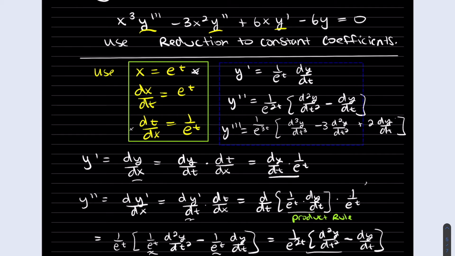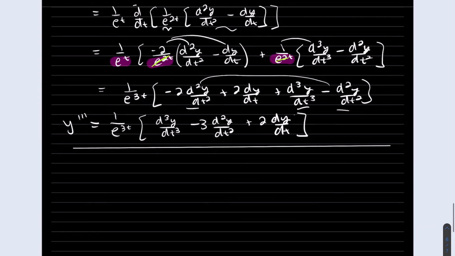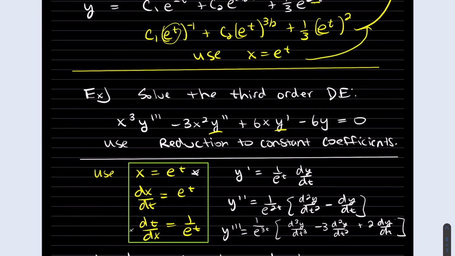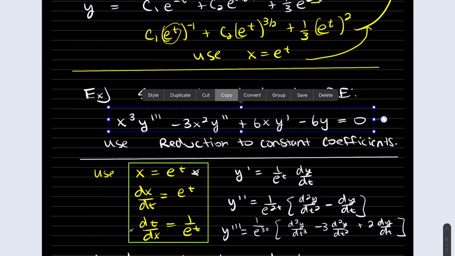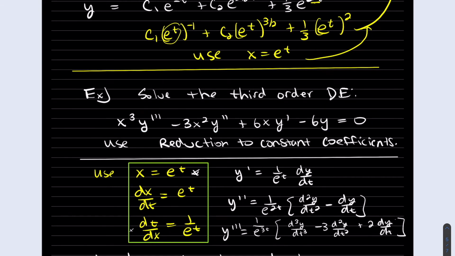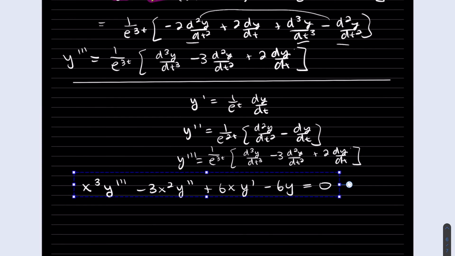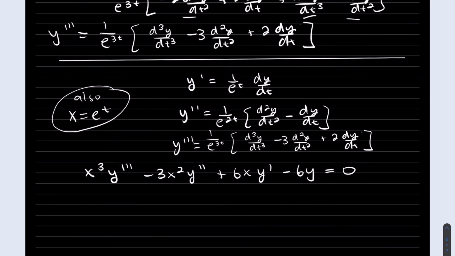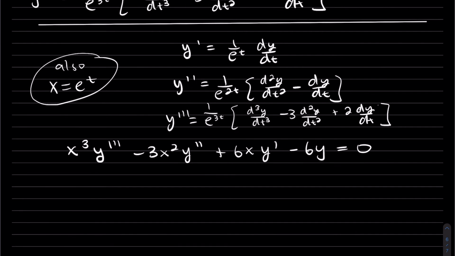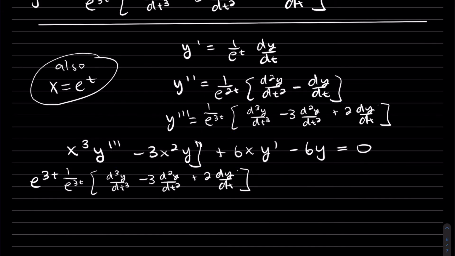And so now let's plug this into our equation. And let's not forget our original x equals e to the t. Okay, let's substitute all this in there. X to the third will be e to the t to the 3, which is e to the 3t, times my y triple prime. 3x squared is e to the 2t.